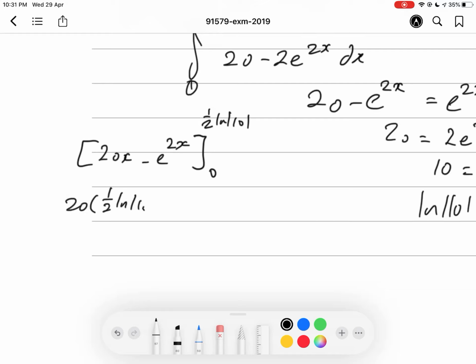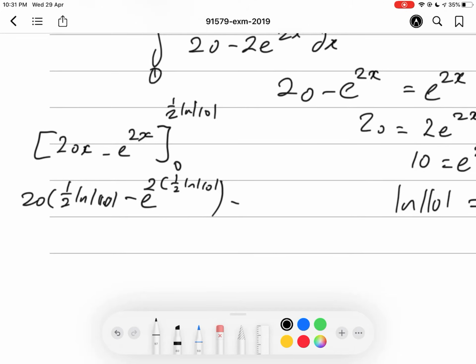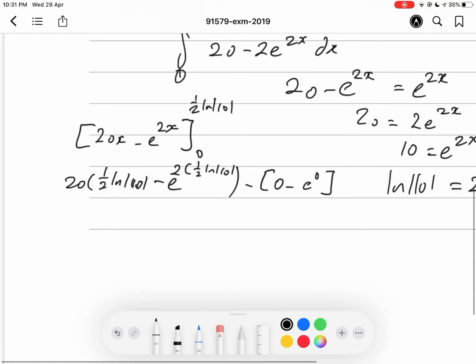So 20 times 1/2 ln 10, minus e to the power of 2 times 1/2 ln 10, and minus 20 times 0, so that's just 0, minus e to the power of 0.